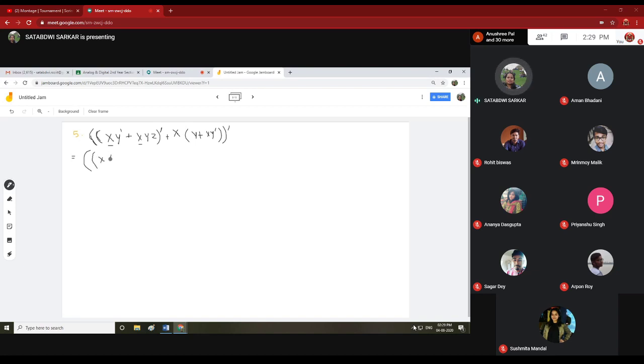So if we take common x, then it is y bar plus yz, plus if we multiply this, then xy plus xy bar.